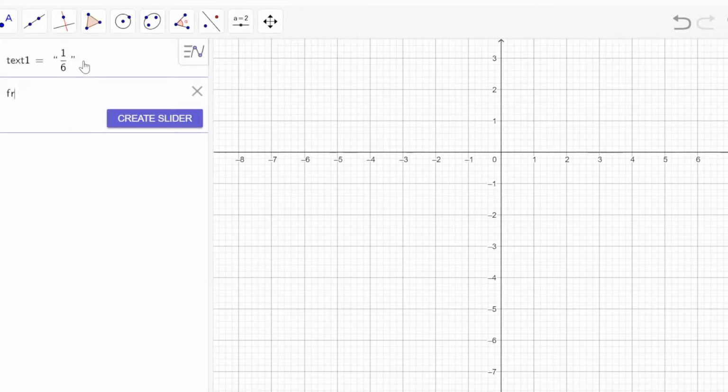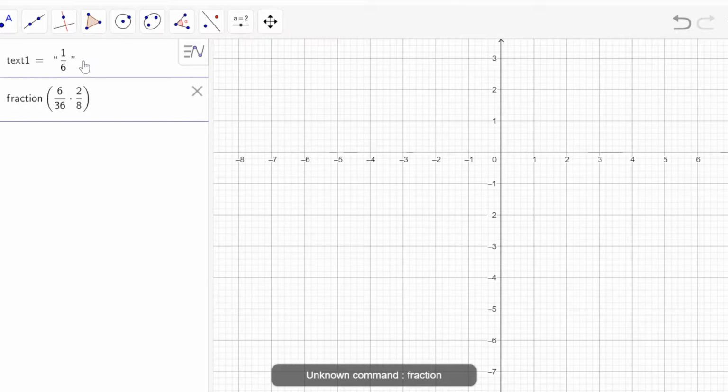This command will also do more complicated stuff. Let's say I have a compound probability where I had 6 divided by 36, and then I want to multiply, press shift 8, and then let's do 2 out of 8. Maybe I had some weird probability that came out like that, and I want to know what it turned out to. Oh, hold on.